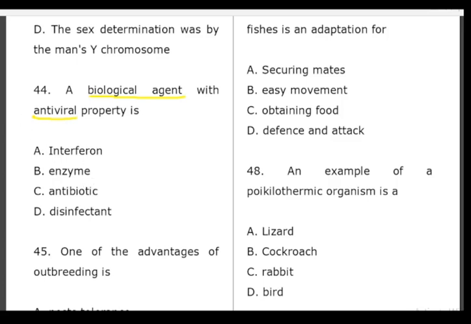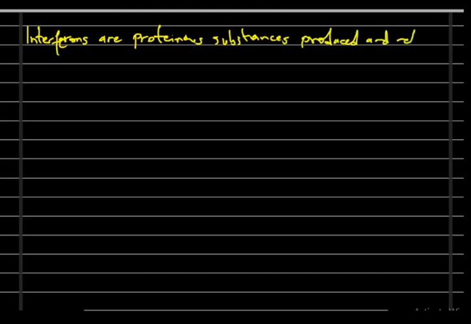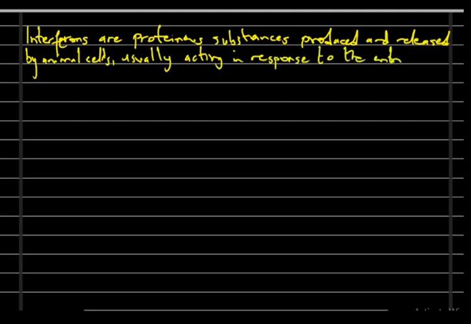So we'll start with interferon. Interferons are proteinous substances produced and released by animal cells, usually acting in response to the entry of viruses.